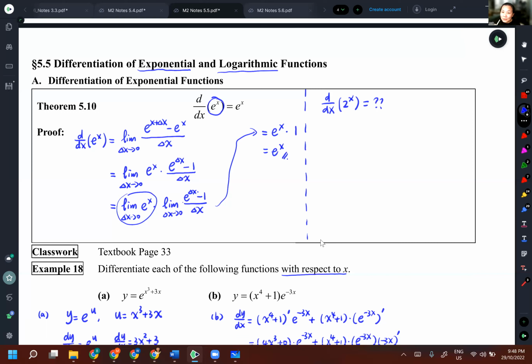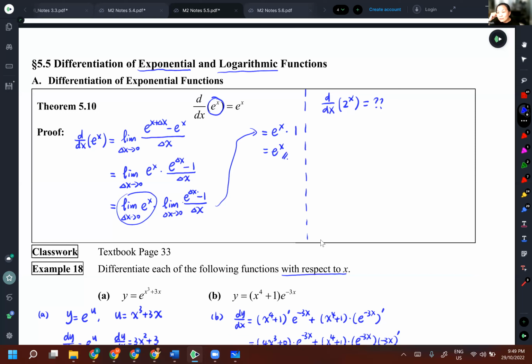Now in this lesson, I'm going to introduce a method to solve this problem. In later lessons, we have other methods. But in this lesson, how do we solve it? What if I change the base?